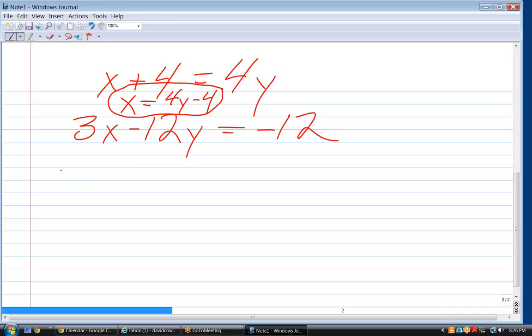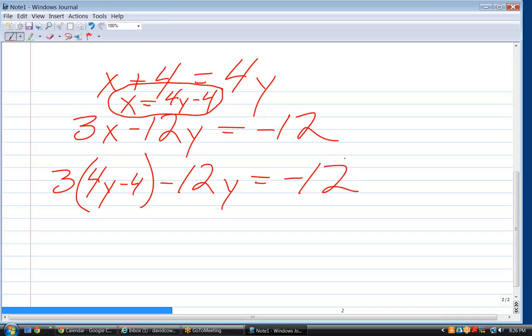Wherever you see x, plug that in. Okay, x is equal to 4y minus 4. So then it'll be 4y minus 4. And always do it like this. In other words, simplify afterwards. Don't try to simplify at the same time. Okay.